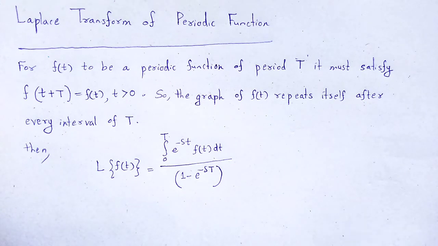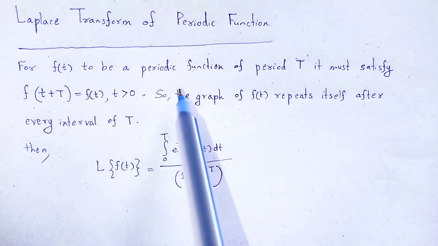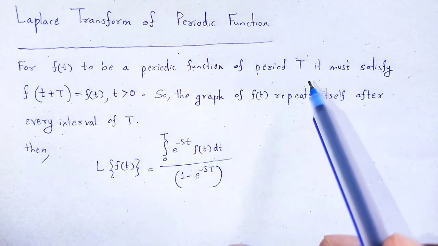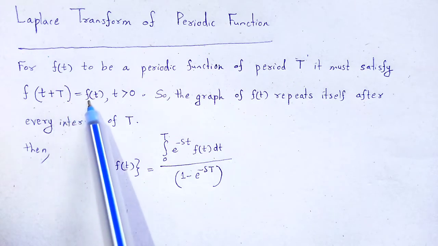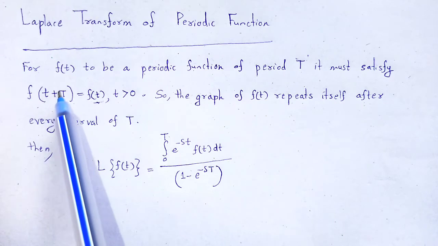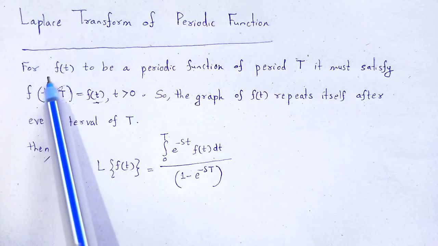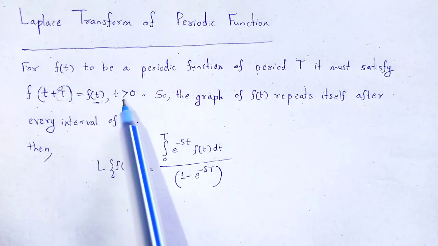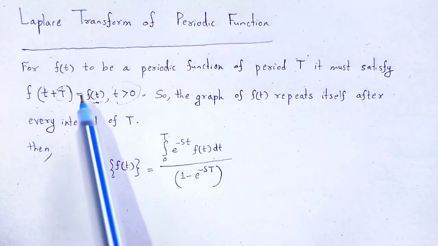Periodic function we know as, what is periodic function? If a function f of t is said to be periodic function of a period capital T, means after that period T, we have the same value of that given function, f of t plus T equals f of t, provided that t must be greater than 0, which is positive.